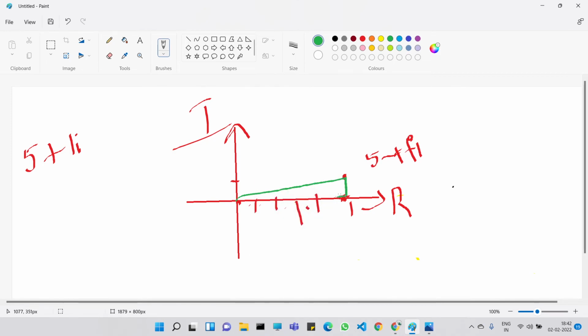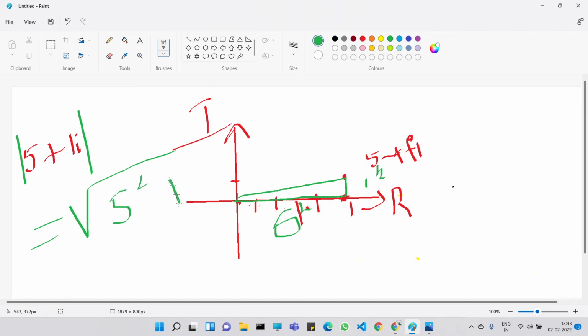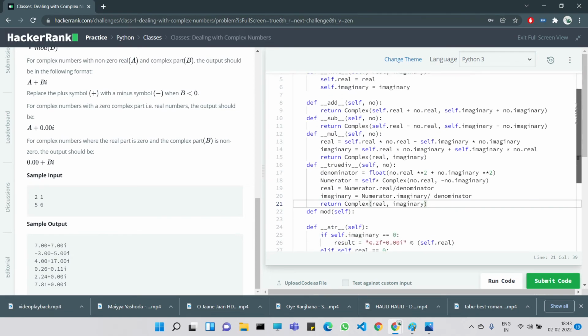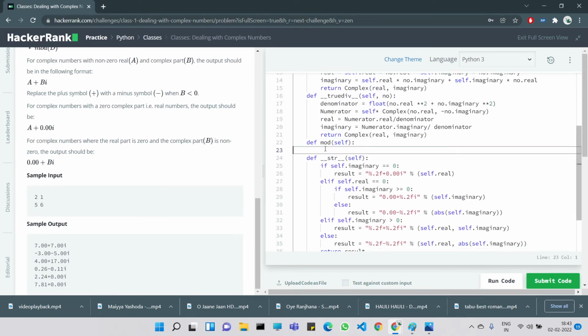So it's going to be the straight line. So we can apply the Pythagoras theorem over here. So it will be the square of this 5 and this 1 and the root. So the modulus of this complex number equals root of 5 square plus 1 square. And the imaginary part will always be 0 when we take the modulus. So let's do that. Here they have already provided us the math function, so we can just use it.